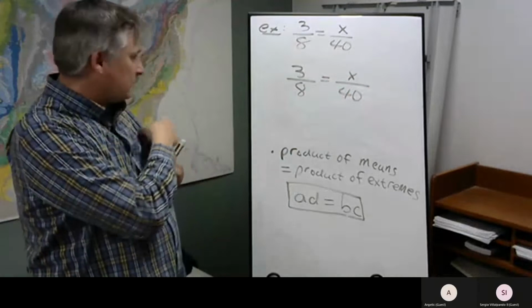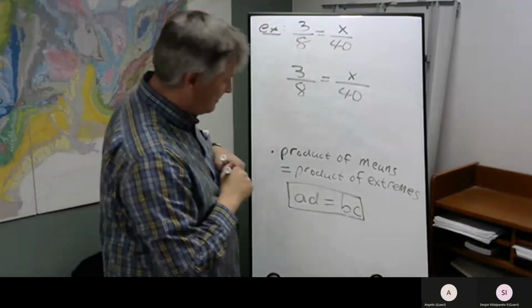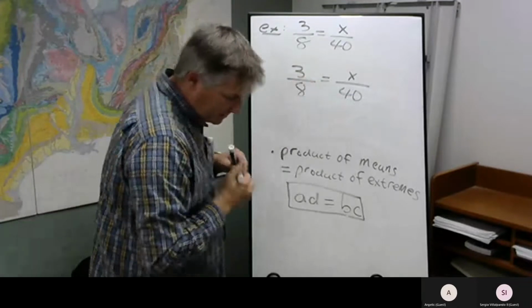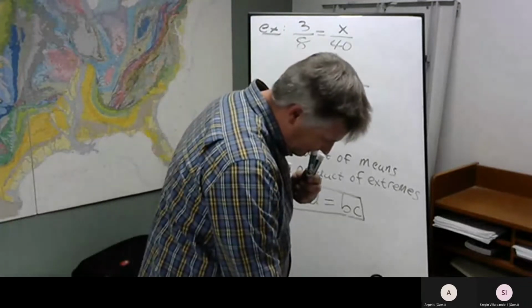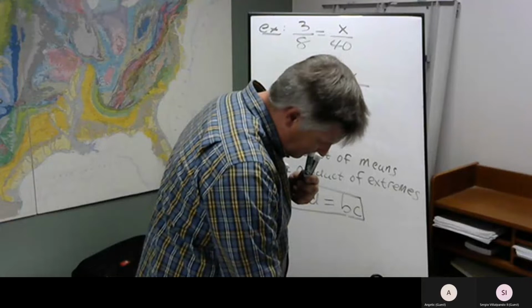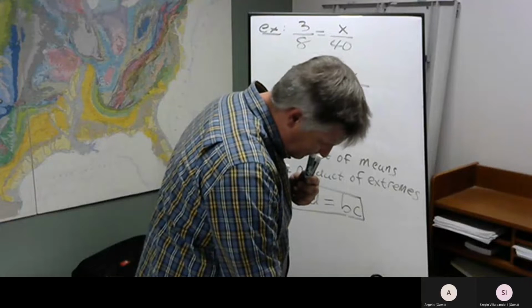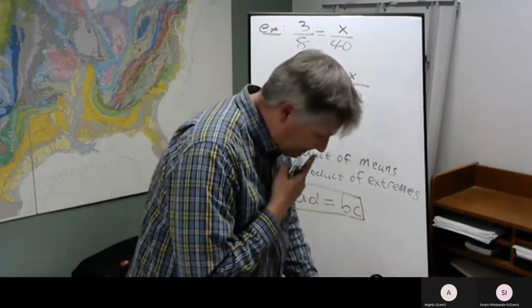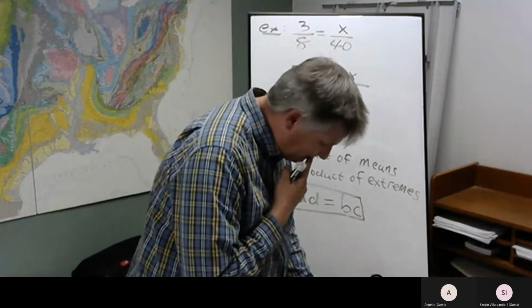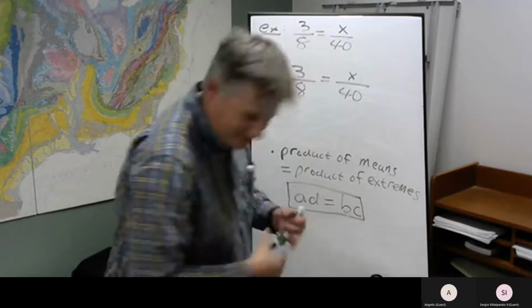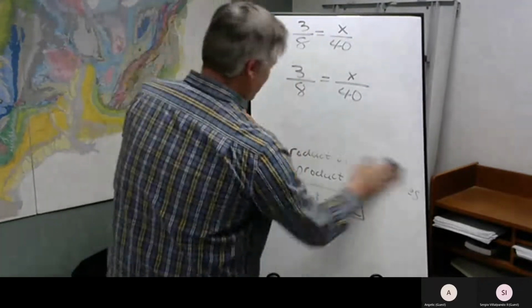So what we're going to do, we'll take the product of our means. Oh dear, let me see, did I mislabel those? Hold on 1 second. So labels aren't that important, but still like to get that correct. Oh yeah, I did mislabel those, I'm sorry.